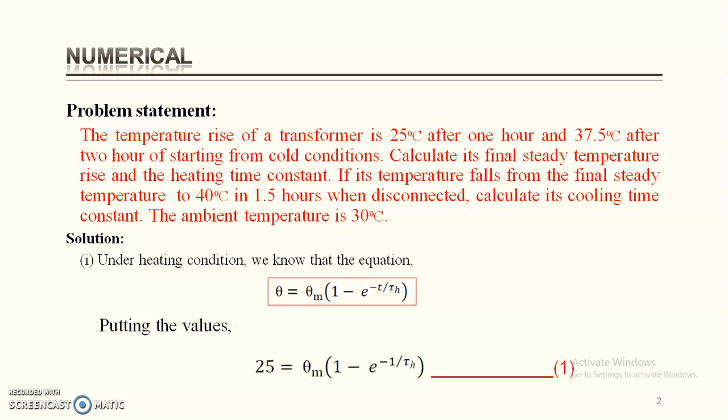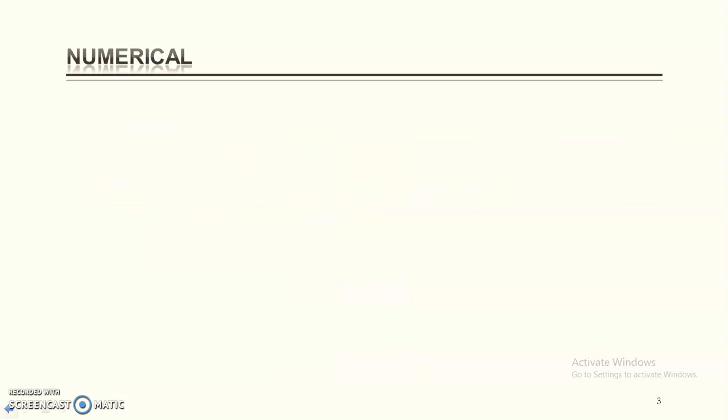The first equation: 25 equals theta m into 1 minus e raised to minus 1 upon tau h. This is equation number 1. The second equation: 37.5 equals theta m into 1 minus e raised to minus 2 upon tau h, for 2 hours from cold condition. This is equation number 2.